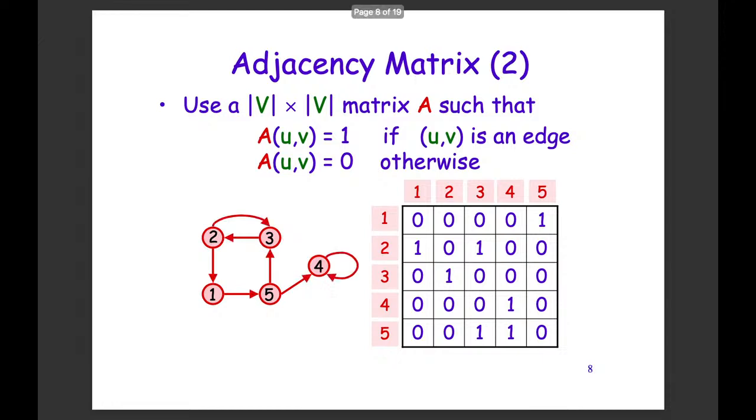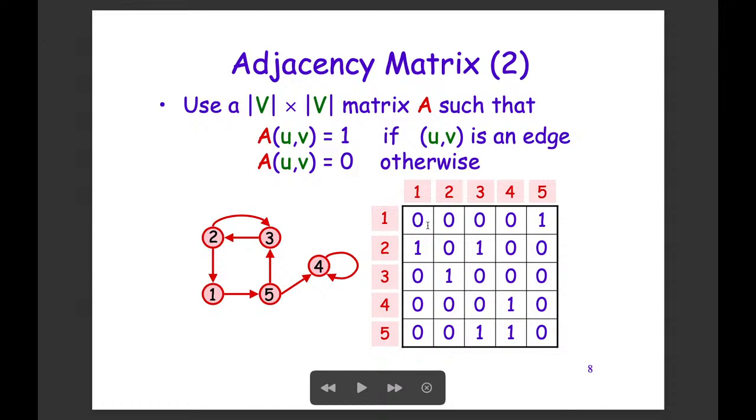And similarly, we can use this representation for a directed graph. Like this example, 1 has an arrow pointing to 5. So 5 is a neighbor of 1. So 1 can reach 5, so we put a 1 here.